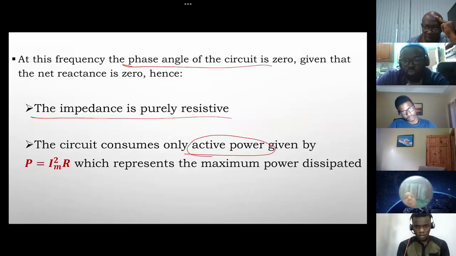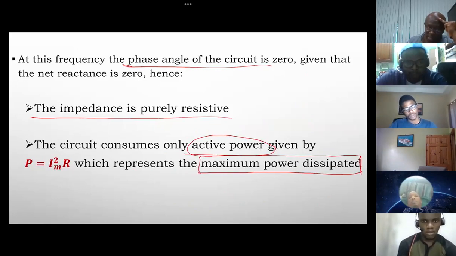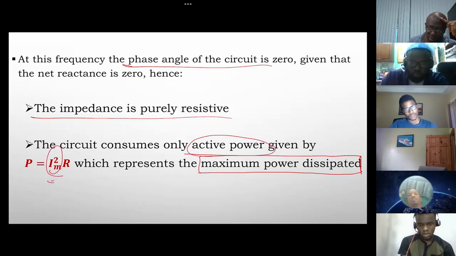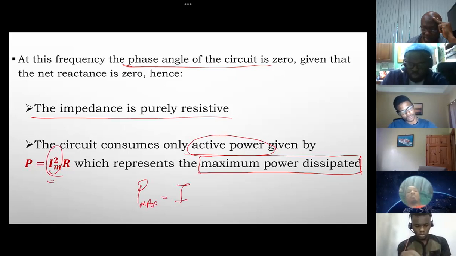And that power would represent the maximum power that can be dissipated in the circuit. And it's the maximum power because we are dealing with the maximum current. So P max is equal to I max squared times R.